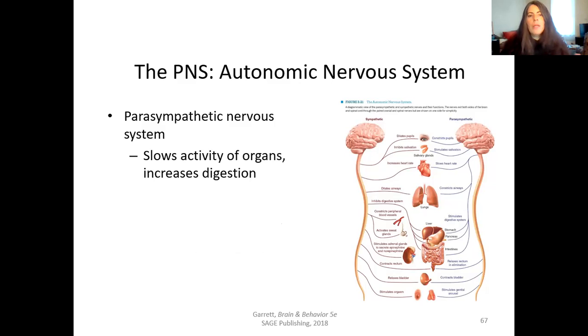The parasympathetic nervous system slows the activity of the organs. It increases digestion. Again, it's the rest and restore function. And like I said earlier in our conversation, it kind of seems like when one's on, the other's off. That's not how it works. They can both be active at different times and in different organs for different responses in varying degrees.